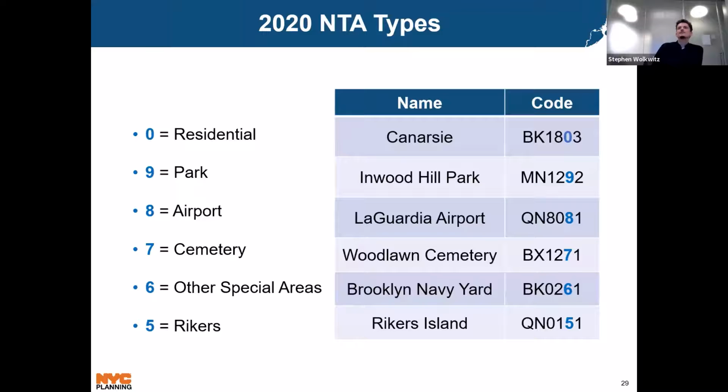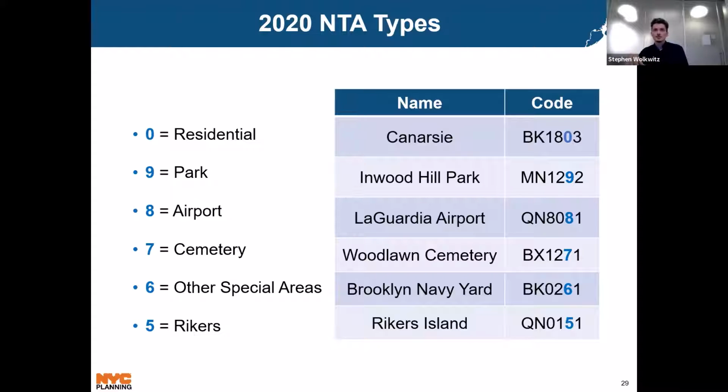Now, what is that 5th digit on the code? What is that type code that I mentioned? Well, most NTAs will have a 0 there, indicating that it's a residential NTA. That's going to be most of the areas that have any substantial level of population. Then we have park areas, which will be represented with a 9. The airports have an 8.